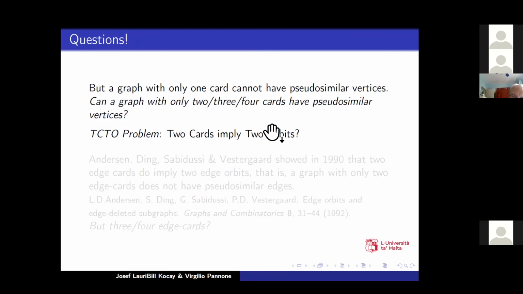These could be difficult problems, but not as hopelessly difficult as finding the largest set of vertices which are mutually pseudosimilar. That seems really, really difficult, but this is more focused. You have 3 cards, you have 4 cards. So these are not easy, but doable. Maybe interesting research questions.